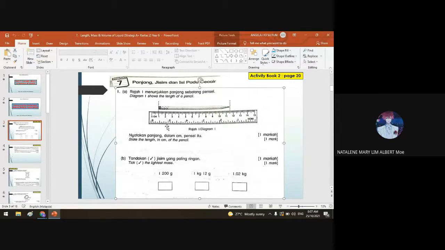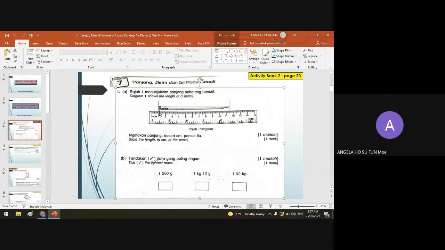10.5 centimeter. Why is it not 11.5 centimeter? Because the last point here is 11.5, right? Because the zero is not counted.